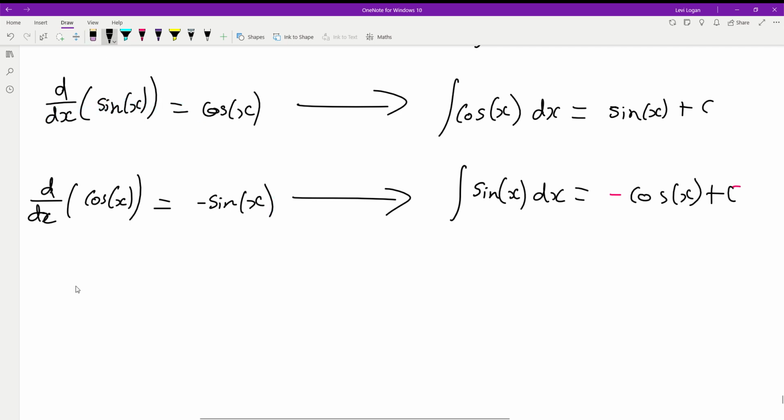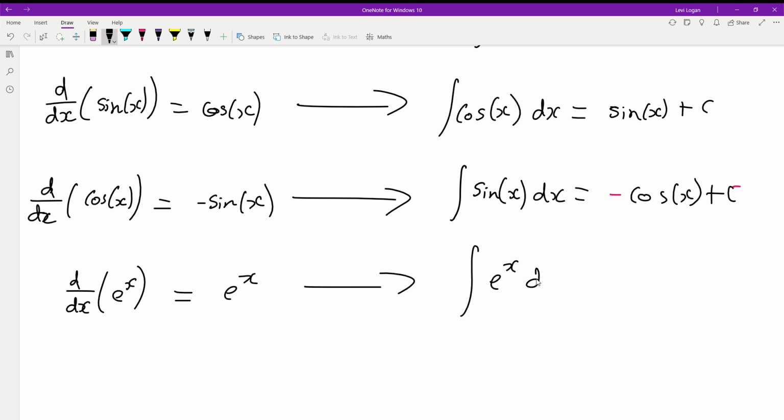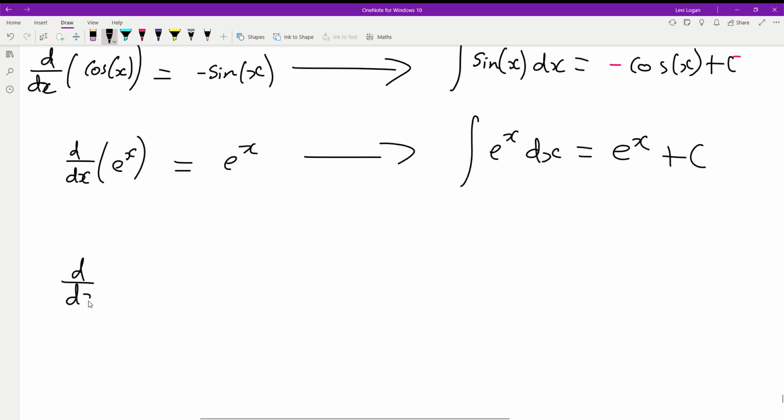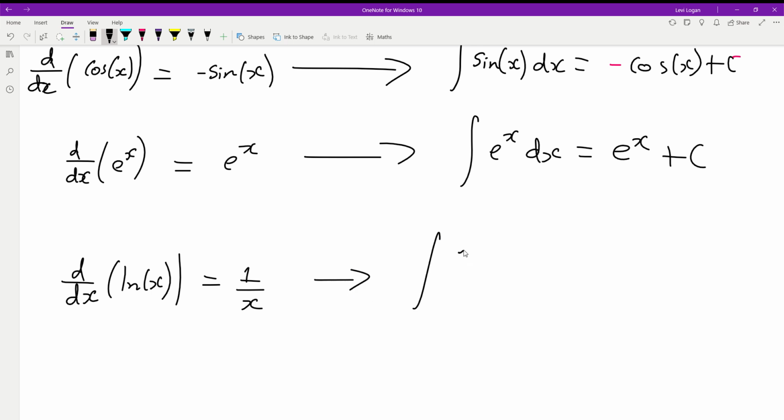Alrighty. If the derivative of e to the x gives you e to the x, pretty easy. The integral of e to the x gives you e to the x plus some constant you don't know about. And then finally, if the derivative of natural log of x gives you 1 on x, that means the integral of 1 on x dx is natural log of x plus c. Righto. So, what else do we got to account for?